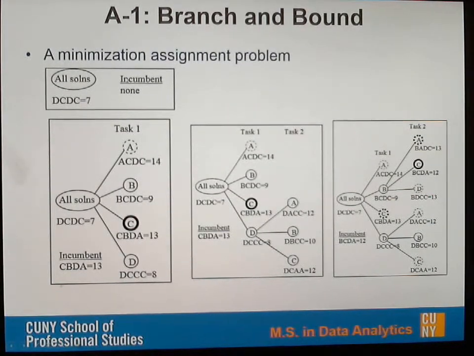This is an example, a minimization assignment problem. Here we see that the minimum is actually happening at D. So in this case, we don't really need to go over the rest of the branch at the moment.